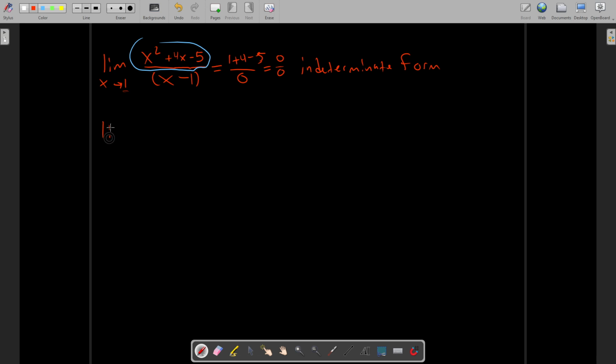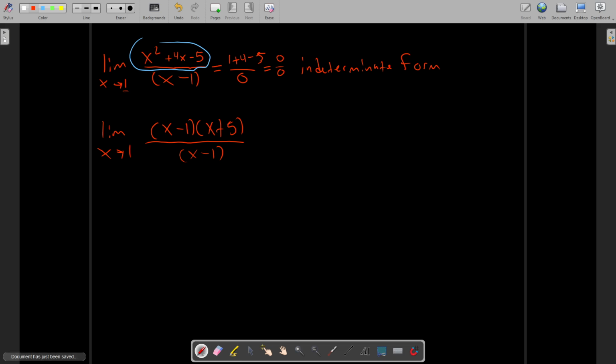We'll go the limit as x goes to 1 of, so it's pretty much basic factoring from algebra. So what multiplies to -5 and adds to 4? Well, that's going to be x minus 1 and x plus 5. And then this is all over x minus 1.